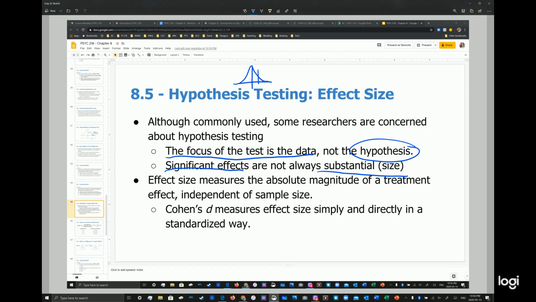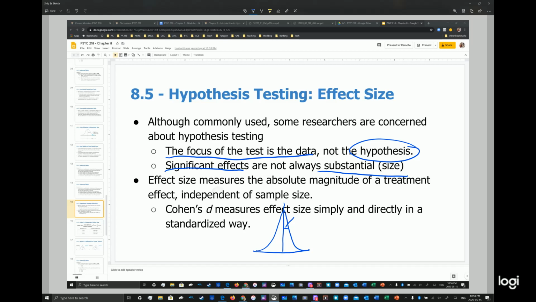For example, if you have a null distribution that is tall and thin, that is, the standard error is really low, and let's say the mean here is 50, and then you transform the 50 into a z-score.